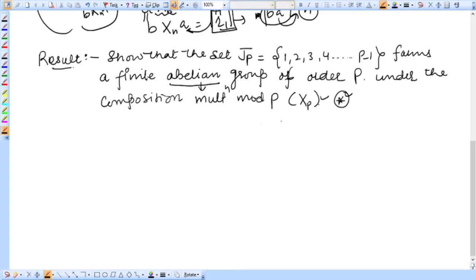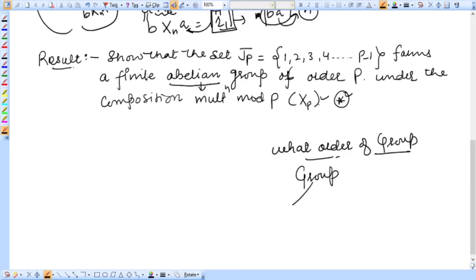Now we will see what the order of a group is. Groups can be classified into two types: finite and infinite.